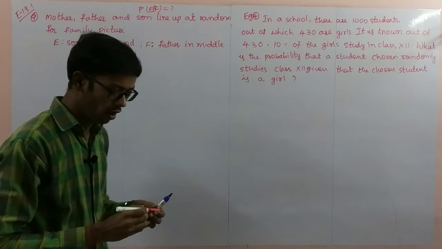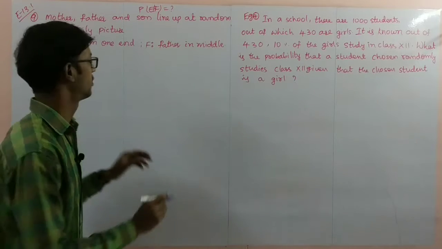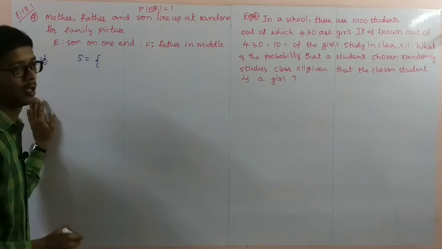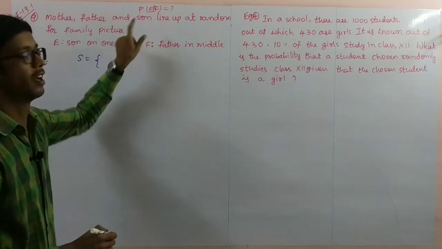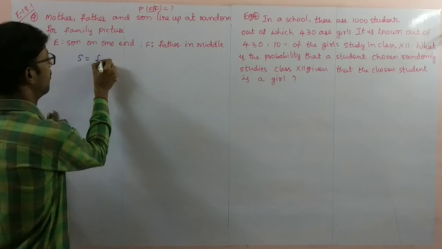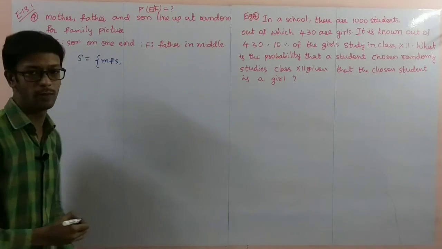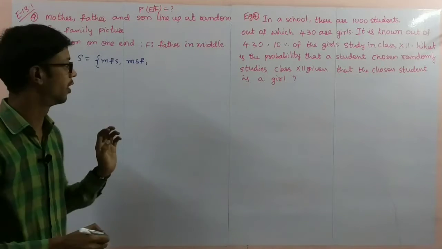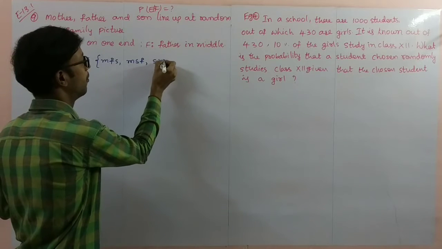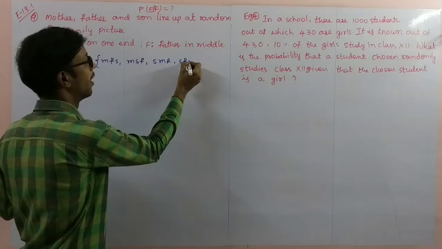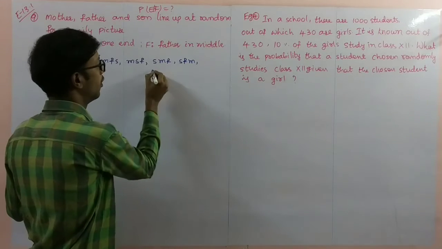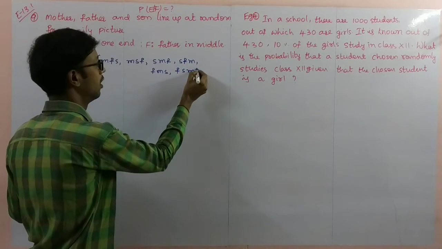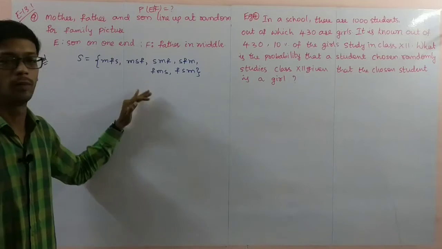It is a question. For that purpose, first of all, I'll write the sample space. Sample space S is equal to mother, father, son. I am writing first letters only: M, F, S. This is one position, and M, S, F. Next, S, M, F. S, F, M. Next, F, M, S. F, S, M. So these are the total outcomes.